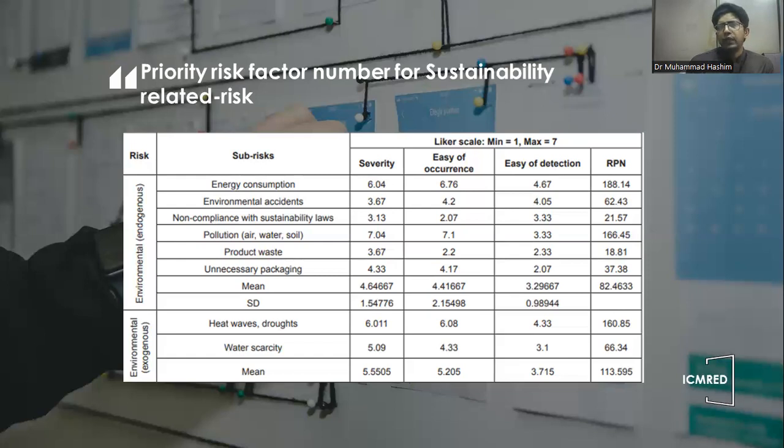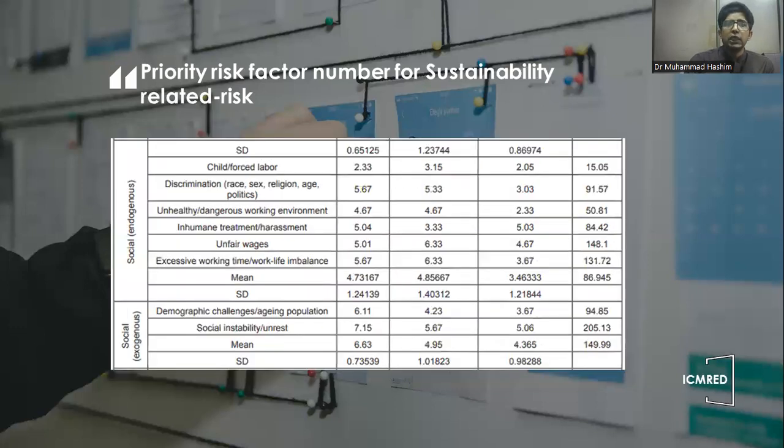We get the RPN numbers of each sub-risk in the environmental category, and the next one is the social category. In the social category, there are sub-risks like child or forced labor, discrimination, unhealthy or dangerous working environment. We have further divided these sub-risk factors in sustainability related risk.